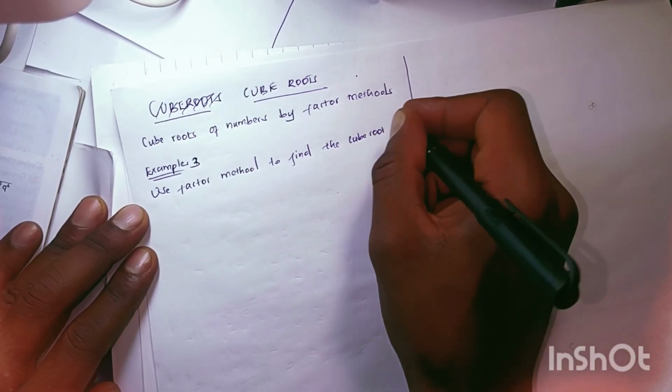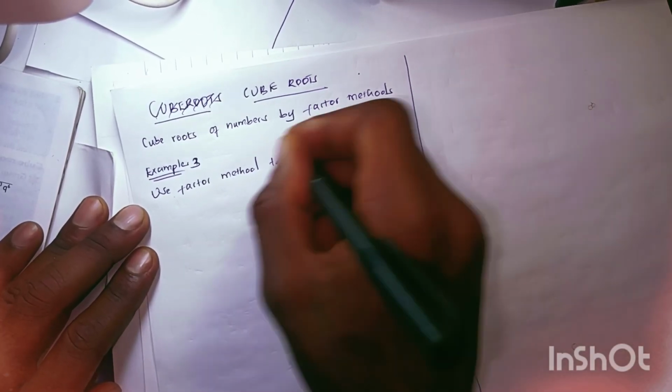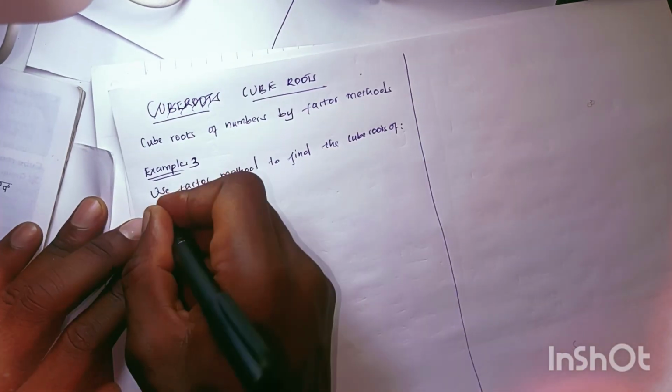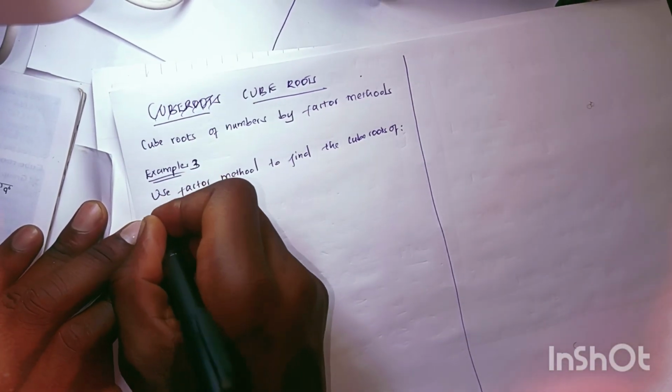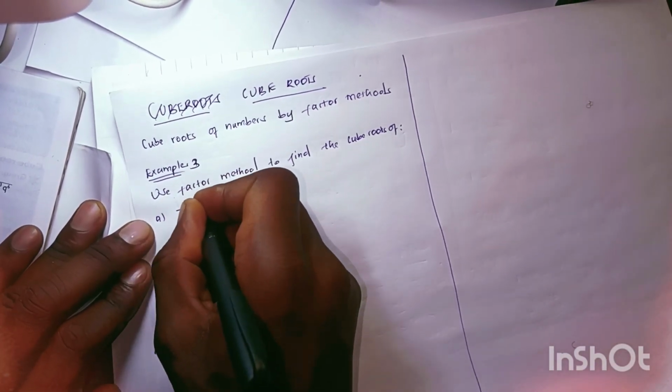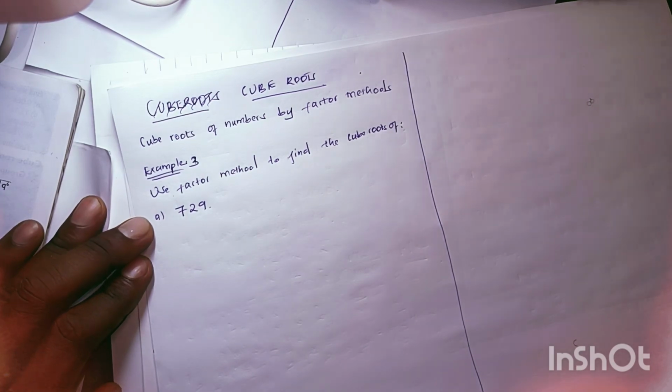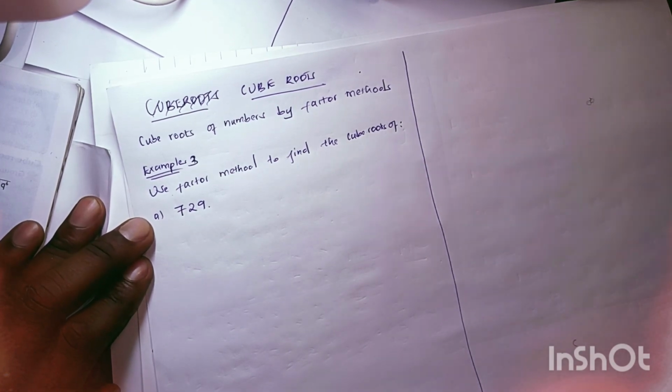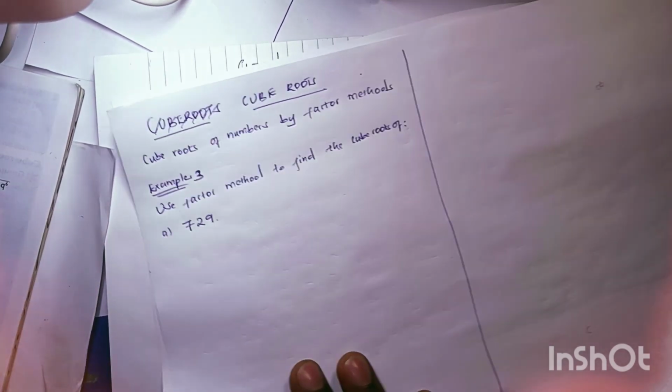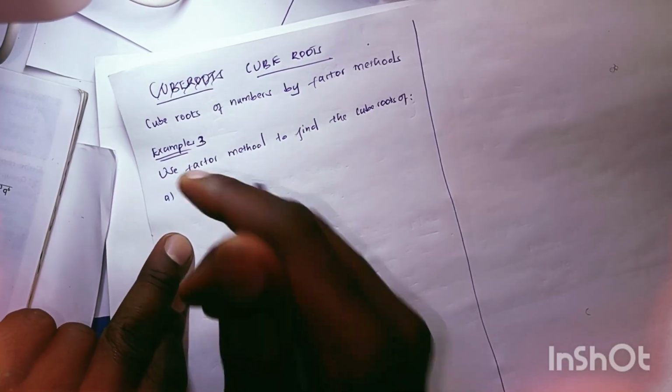The cube root of, let me begin with this one, A, it is 729. So in this case, by factor method, this is how we go about it.